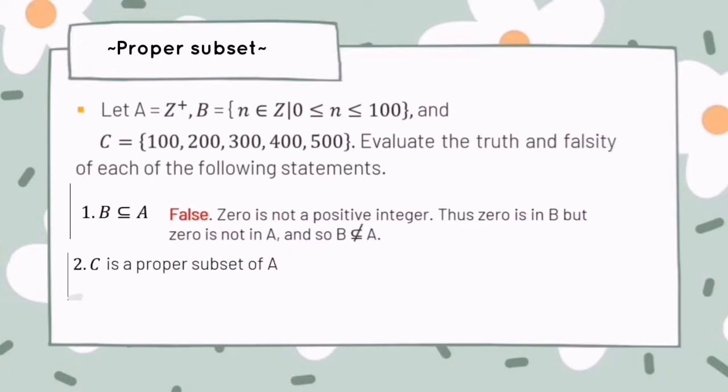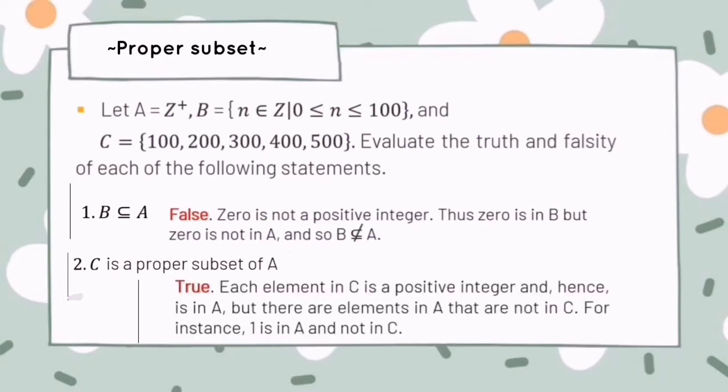Number 2. C is a proper subset of A. Pag sinasabing proper subset, meron element si A na wala kay C. Ang mga elements ni C ay 100, 200, 300, 400, and 500, while si A ay all positive integers. And the answer is true.